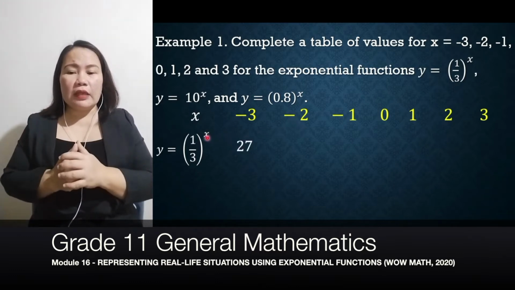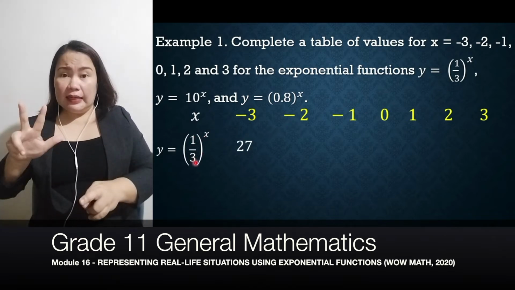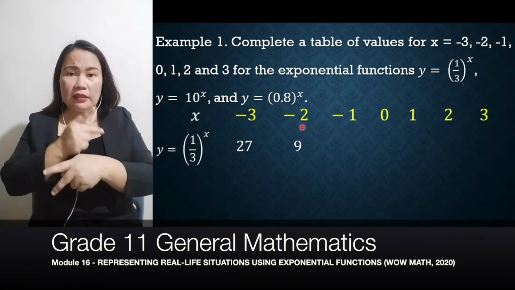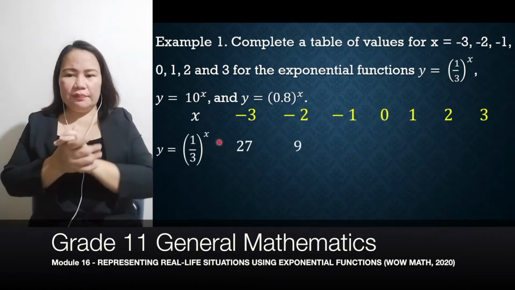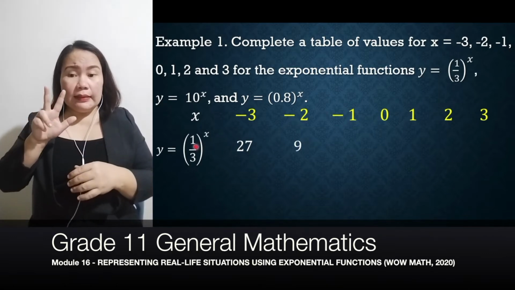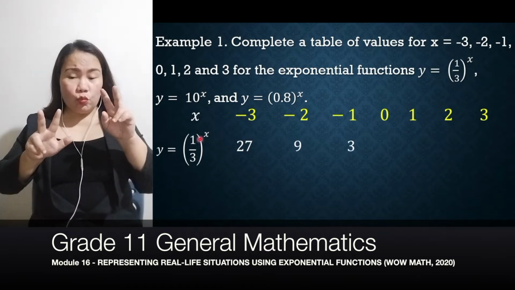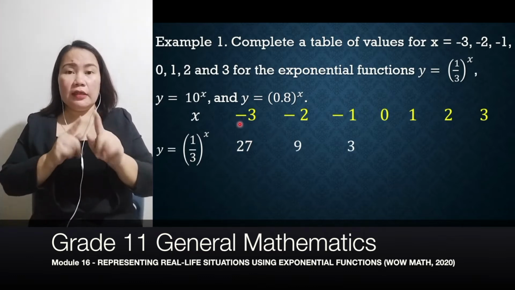So, since ang exponent natin ay negative, kunin nyo lang ulit yung reciprocal and then that will become 3 squared and the answer is 9. So, 1/3 raised to negative 1, get the reciprocal, and 3 raised to 1, that is 3. So, kinuha natin yung reciprocal para maging positive yung exponent natin.